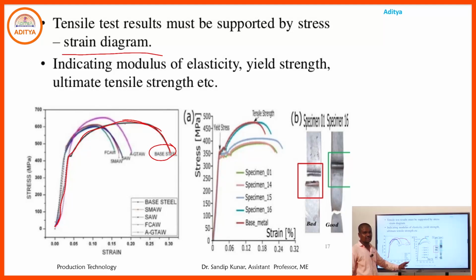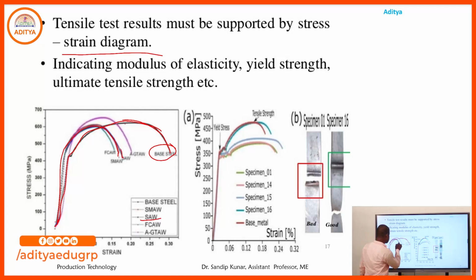The strain rate also decreases. That is the base metal. Another is submerged arc welding. That line shows the submerged arc welding stress strain diagram. So in that case we have seen that is the stress strain diagram.